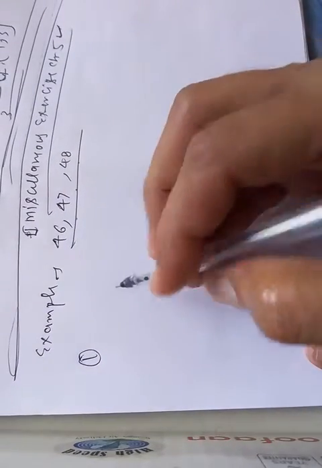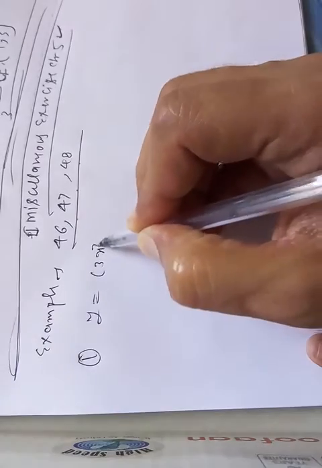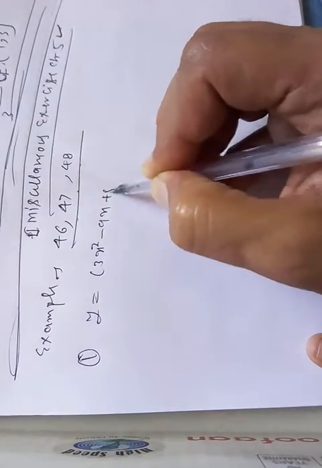Question number 1. y equal to (3x square minus 9x plus 5) raised to 9.